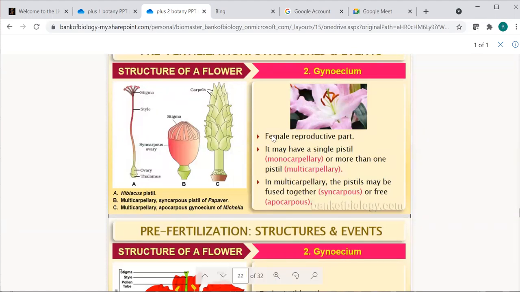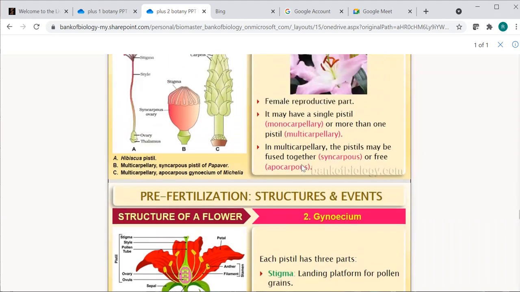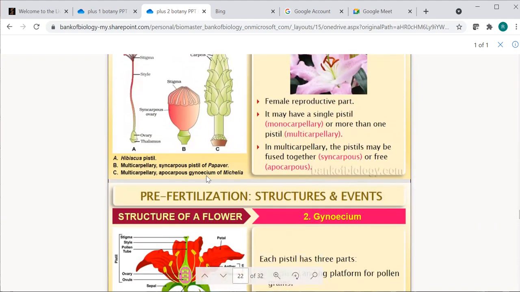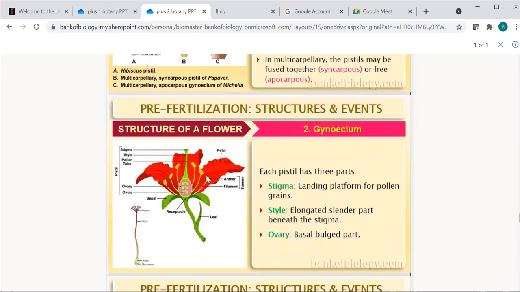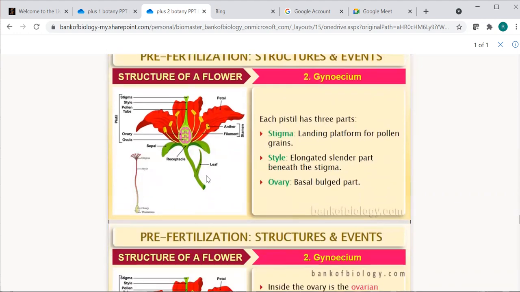The stigma is the part where the pollen grains land. The style is the elongated part, and the ovary is the basal bulged part.